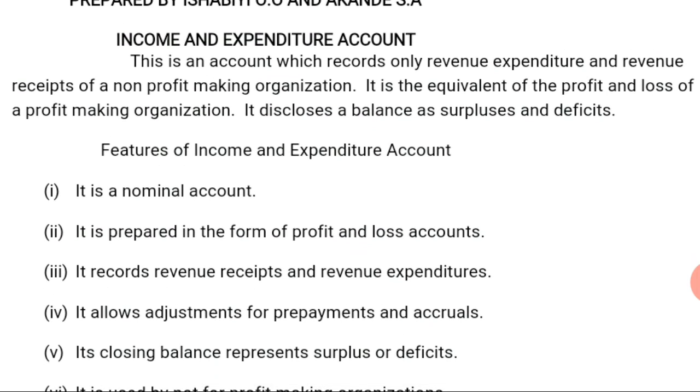What are the features of income and expenditure accounts? The characteristics of income and expenditure accounts. It is a nominal account, because it records only revenue expenditure and revenue receipts.